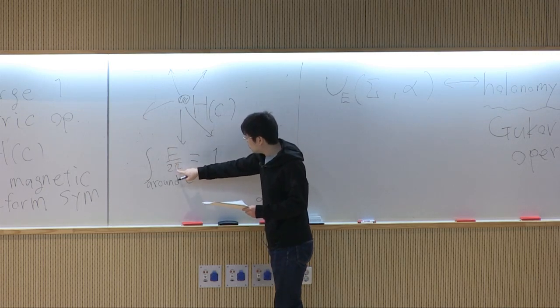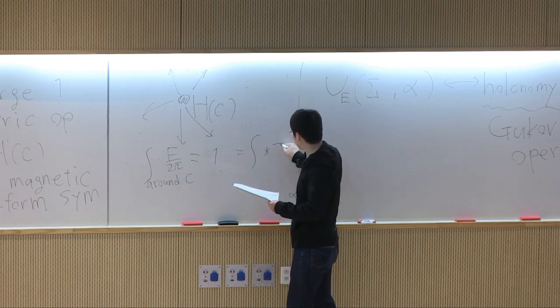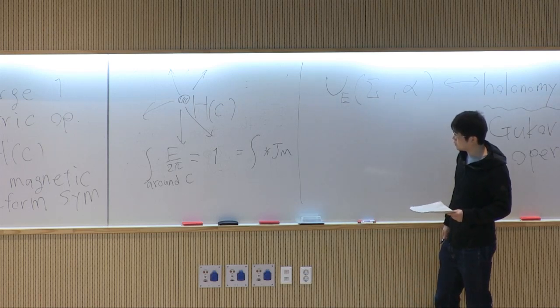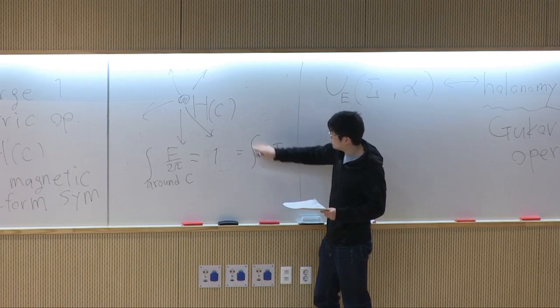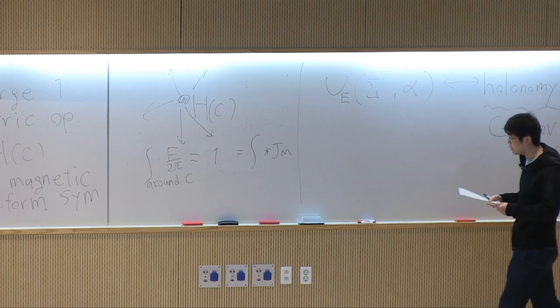However, this F over 2 pi was just the Hodge dual of the magnetic symmetry current. So this equation means that the 't Hooft operator is charged under the magnetic symmetry.